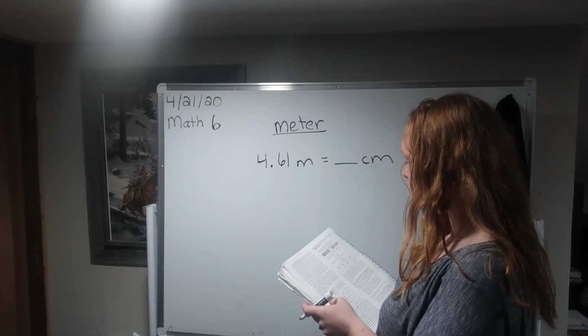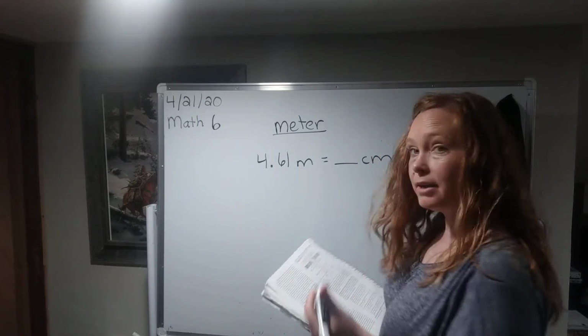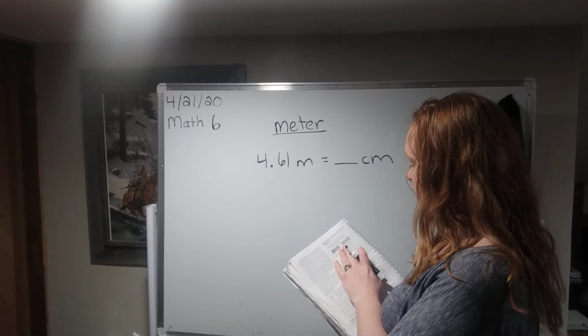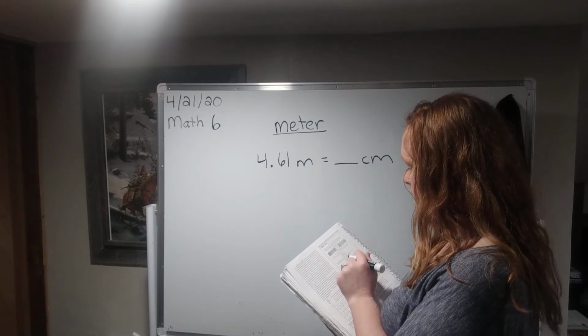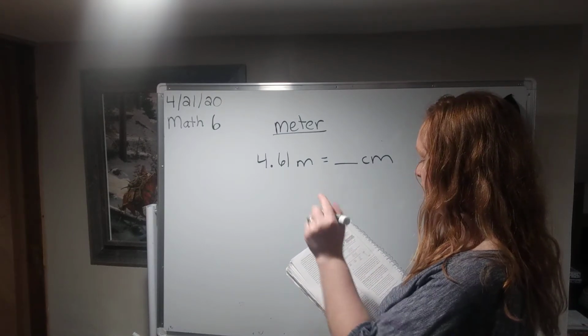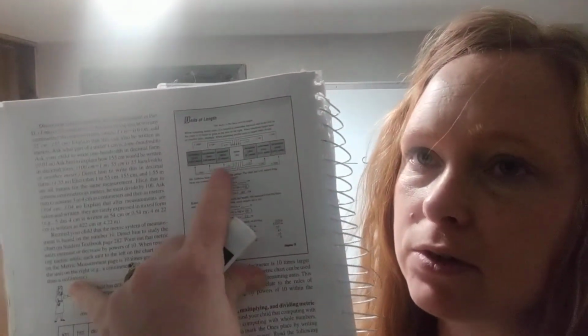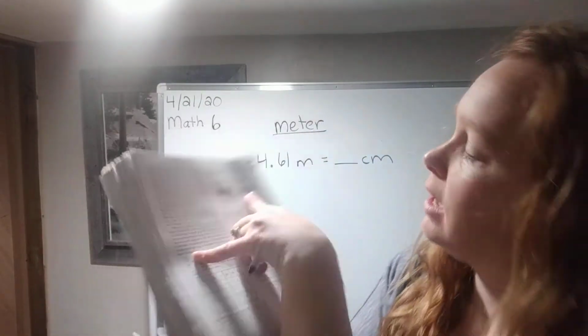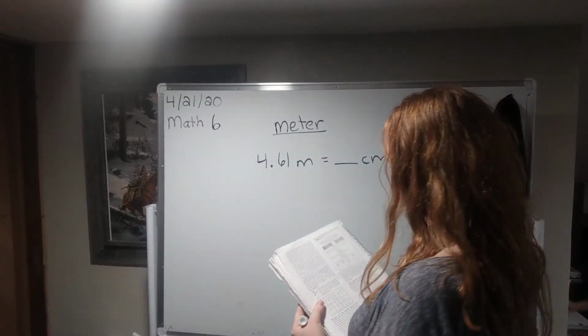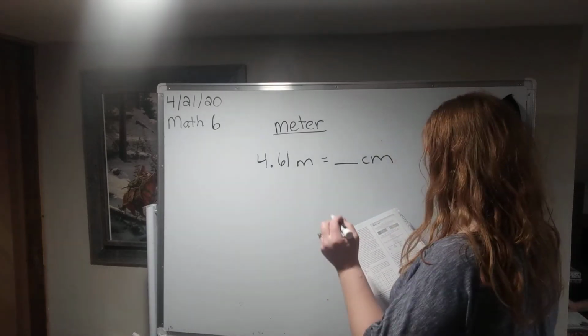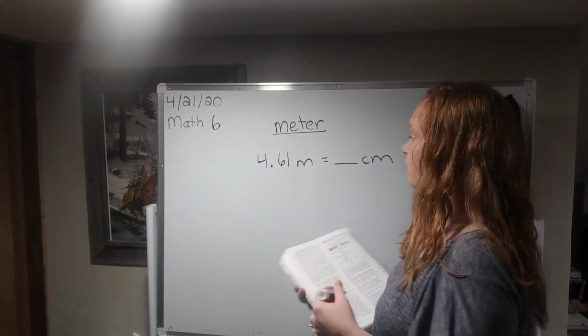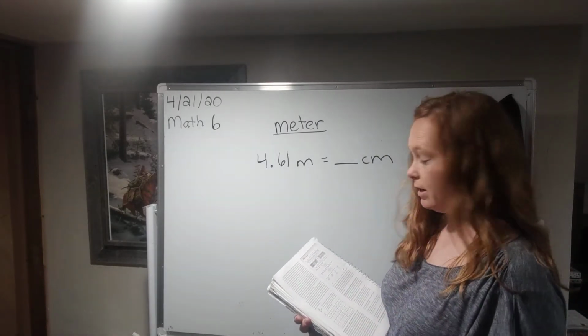What I like to do is look up at my chart, and to go from meter to centimeter, I follow the arrows down below the box to the centimeters. So we are going down, and to get to centimeter, we have to multiply by 100.